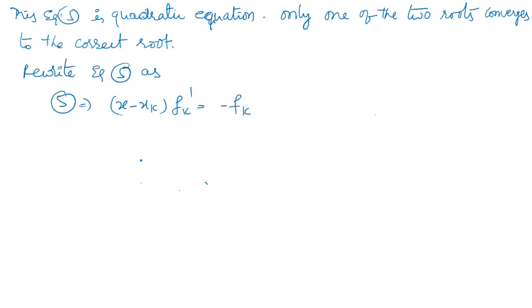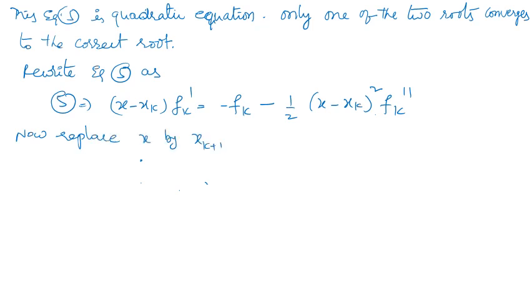Take the remaining terms onto the right side, minus 1 by 2 x minus xk whole square fk double dash, correct? Now, to get the next approximate root, replace x by xk plus 1. Replace x by the approximate root.